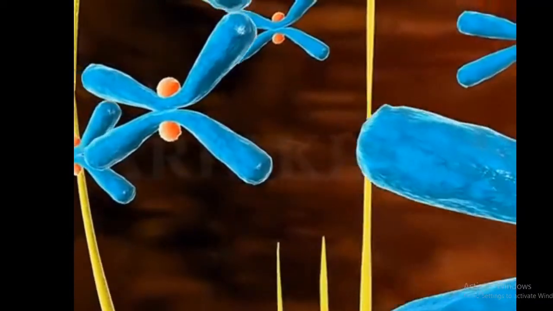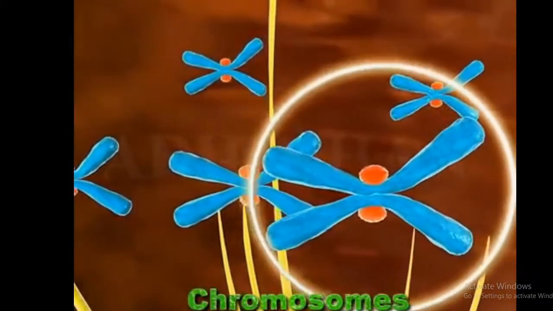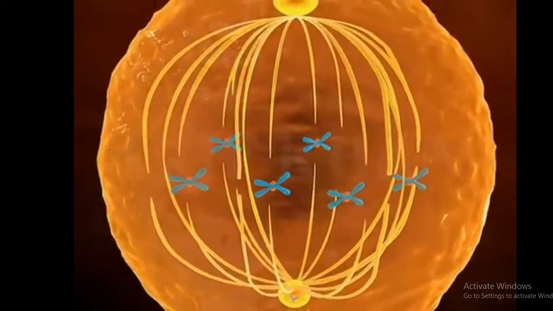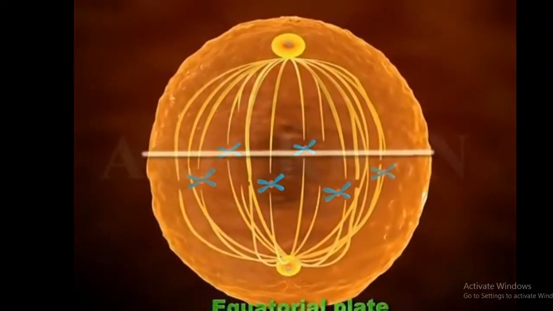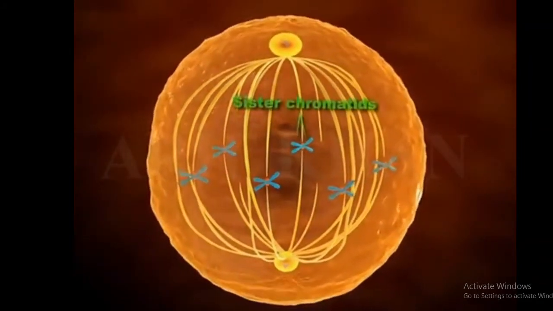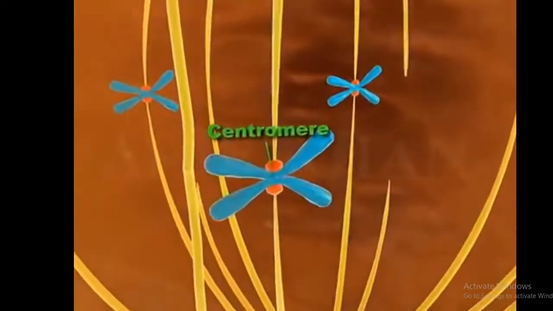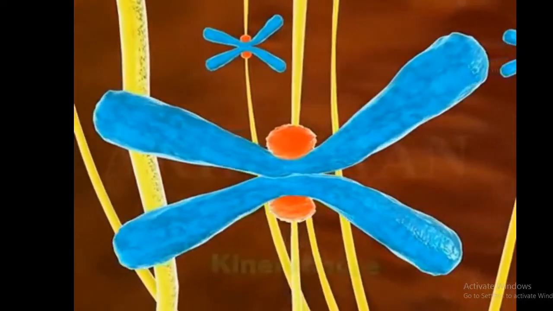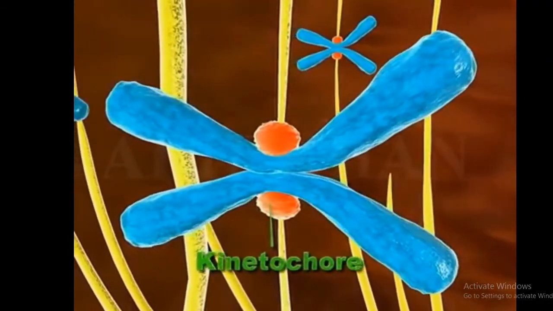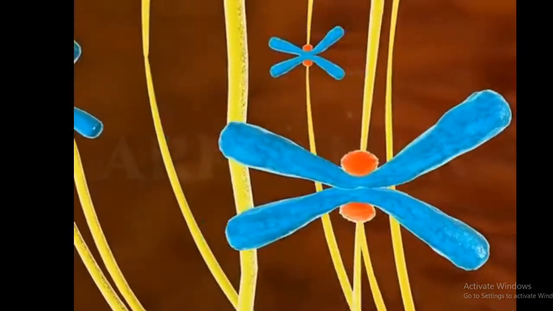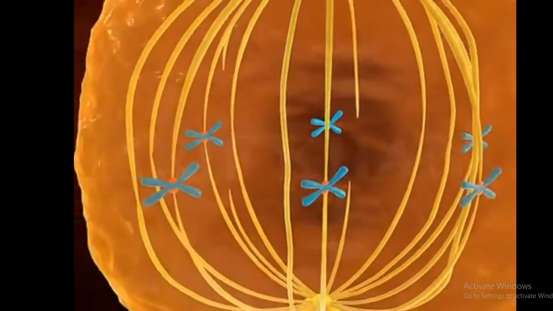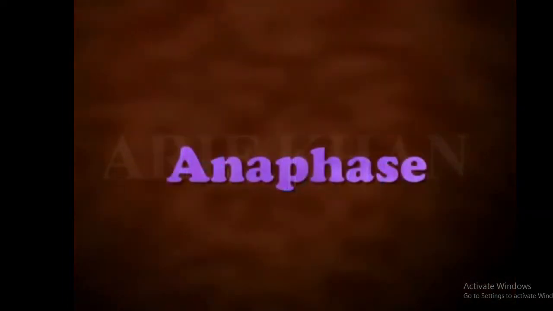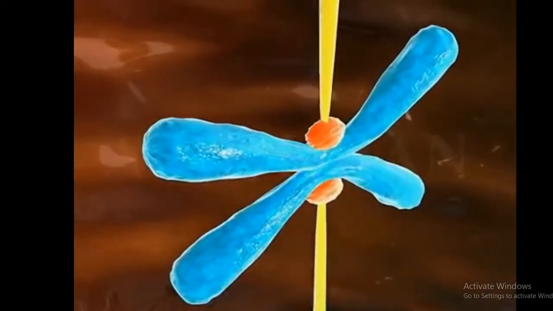You can see chromosomes, and finally these chromosomes will separate from each other and they will go to the extreme of the cell. In the coming stage you will see that chromosomes are moving away.